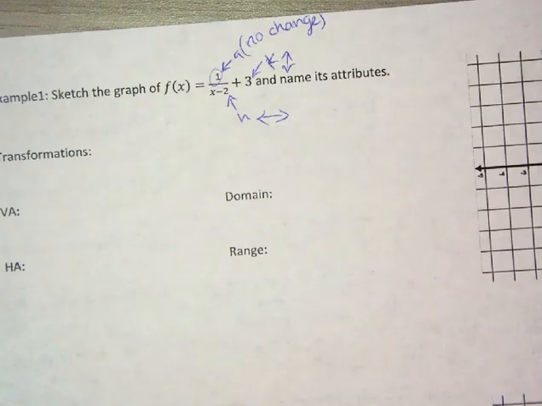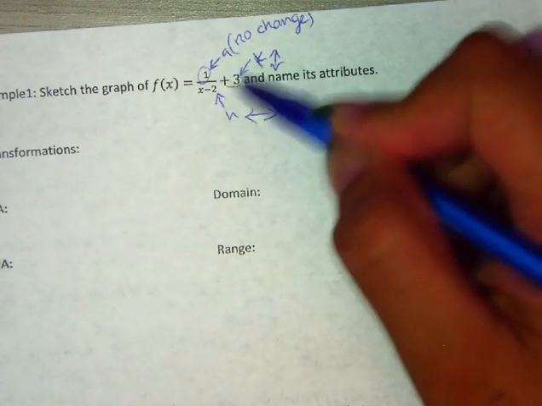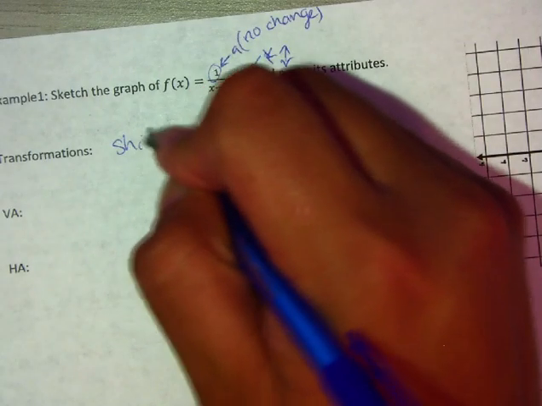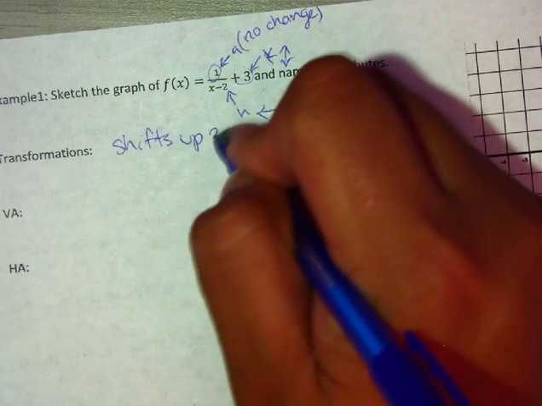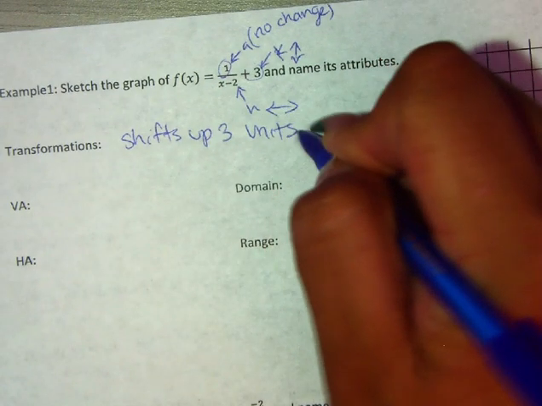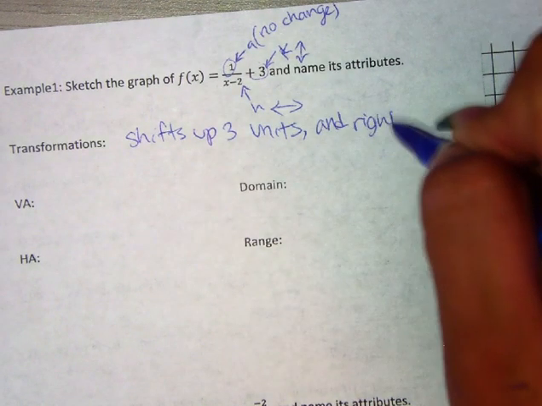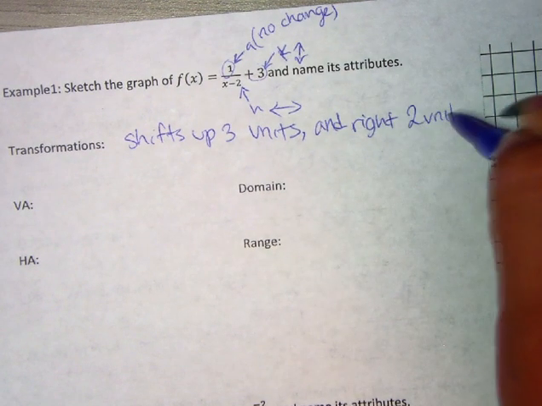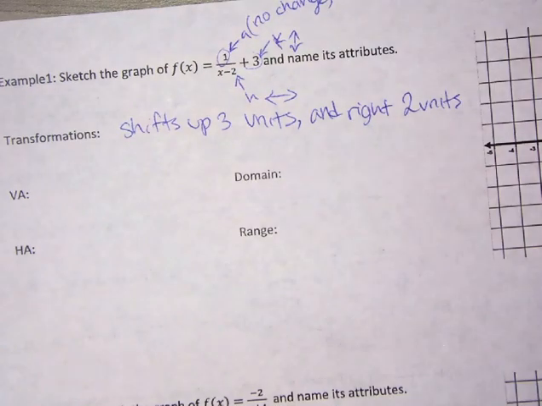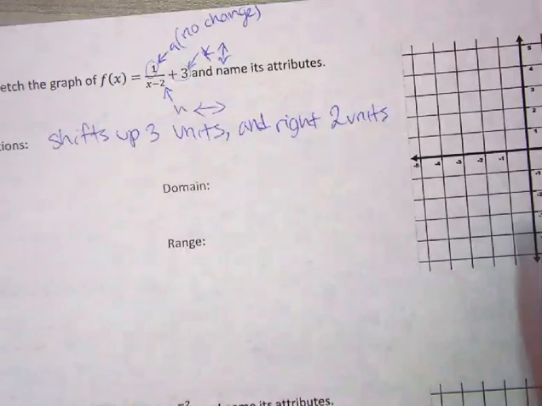So we're going to say that it shifts up 3 units and right 2 units. To make this visual, we're going to sketch the asymptote.